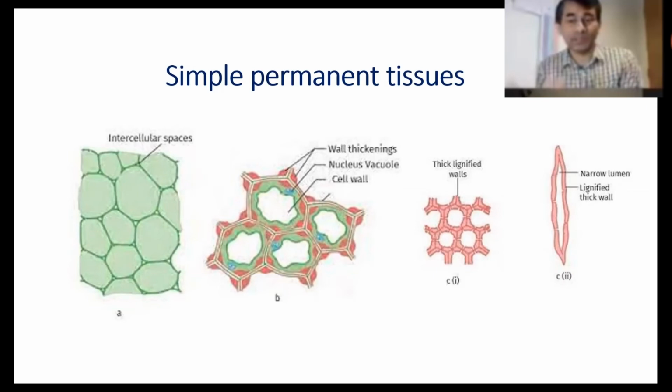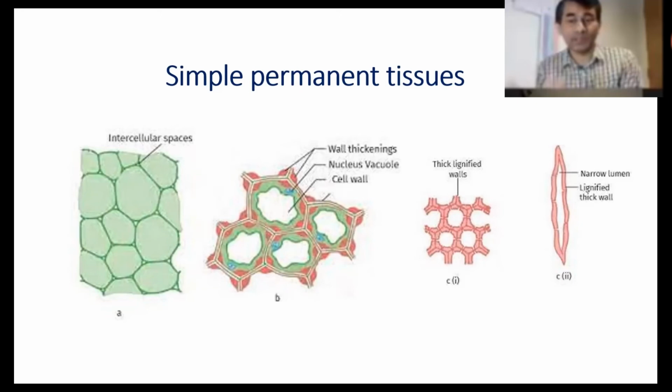So these thick corners make it different from parenchymal cells. The nucleus is located on the side. Yeah, it is pushed to the side of the cell. Collenchyma is very important for flexibility. So when the tendrils or the stems of the climbers are bent, they don't break.